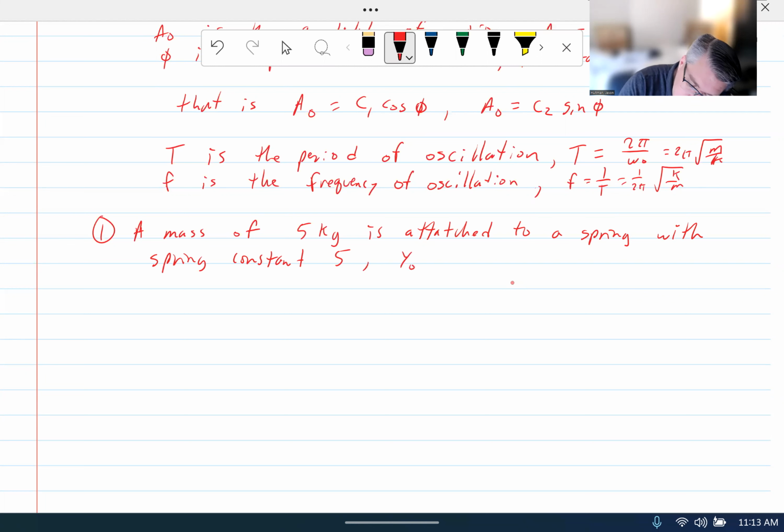It is stretched 1 unit with a velocity of 2, and a damping constant of 10.